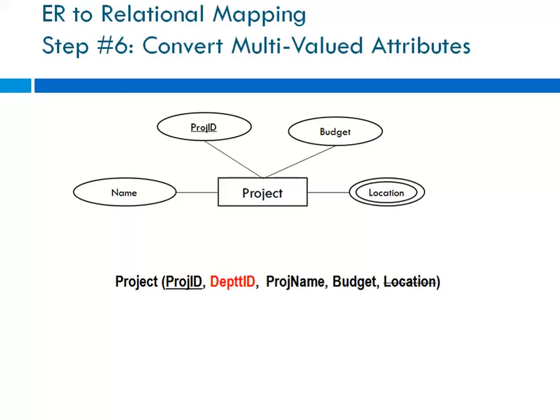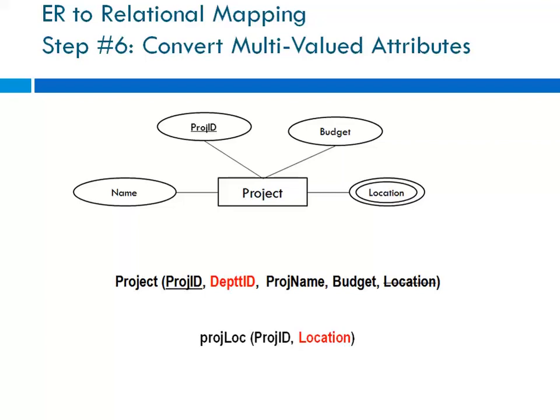To handle this multi-valued attribute while converting the ER diagram into a relational database, first the location attribute is removed from the project table and a new table is defined, known as project location, in which location is added as such.